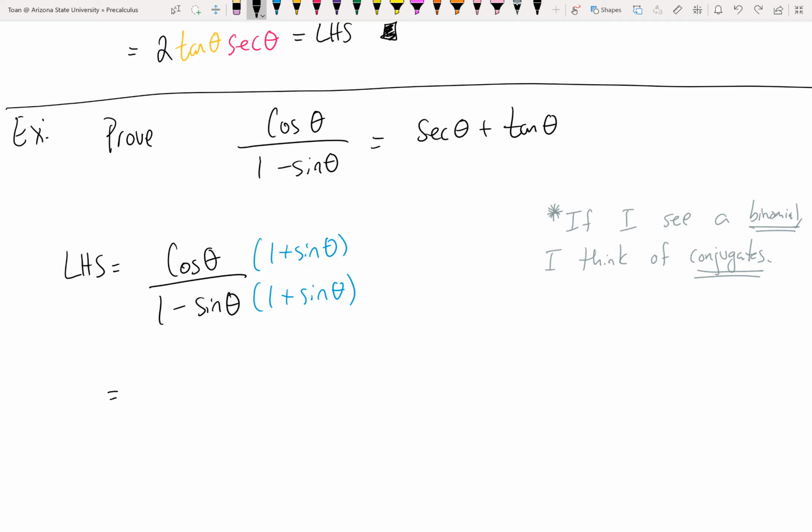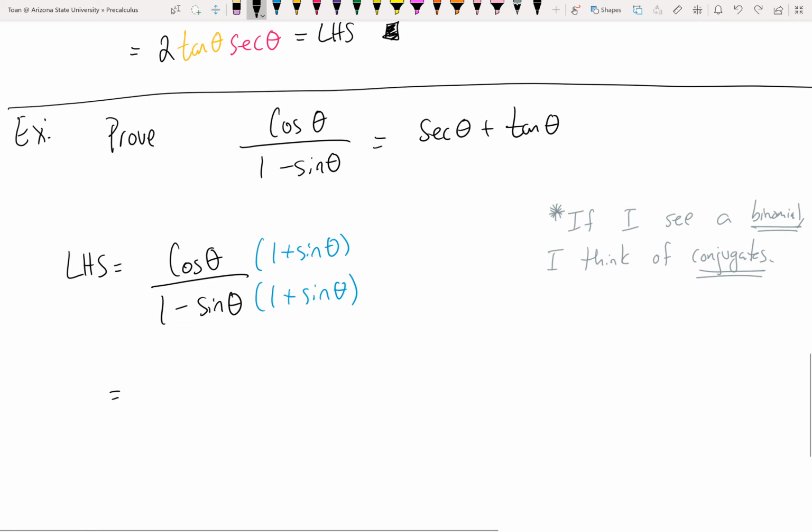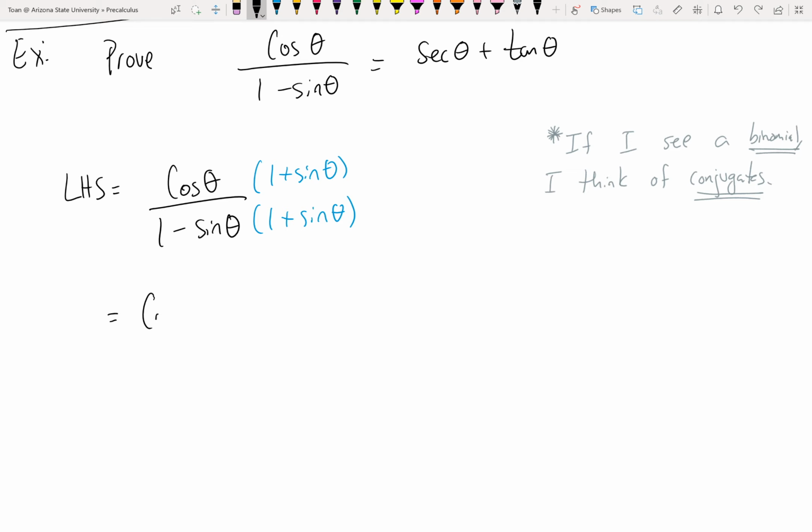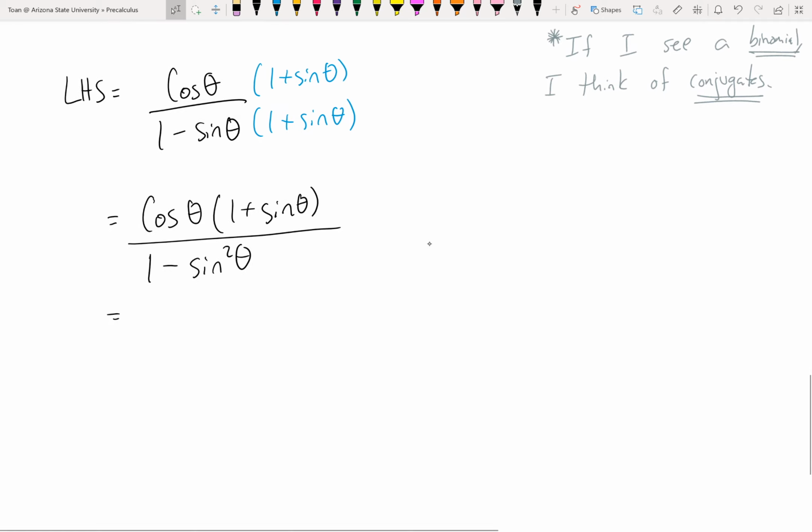But again, there's no harm if you do multiply it all out. You're just going to have to refactor it out. So in this case, I'm going to leave the numerator in factored form because it had nothing to do with the conjugate. But I will go ahead and distribute the denominator out. That's the product of two conjugates, which is the difference of perfect squares. Now I do have a trig function being squared with 1, so I can use Pythagoras' identity.